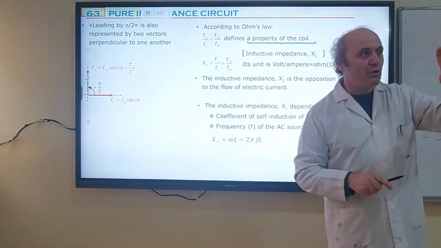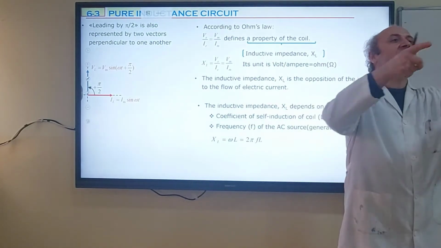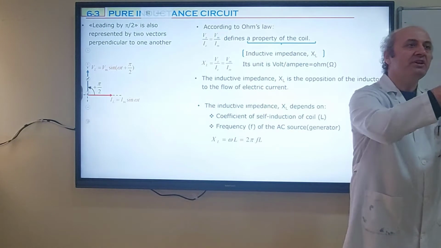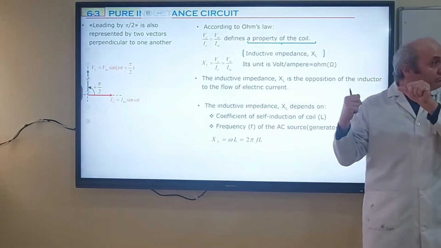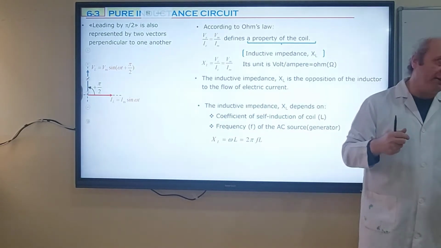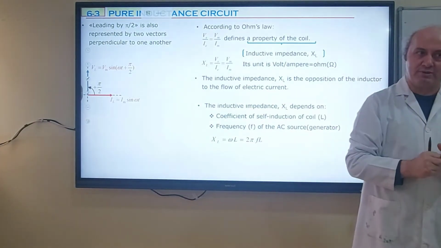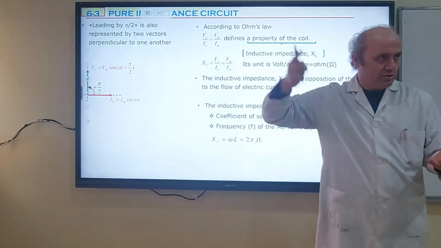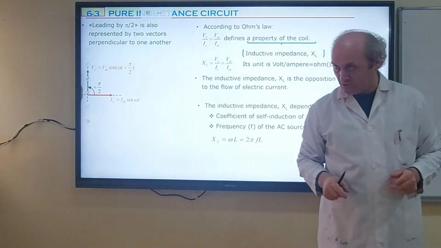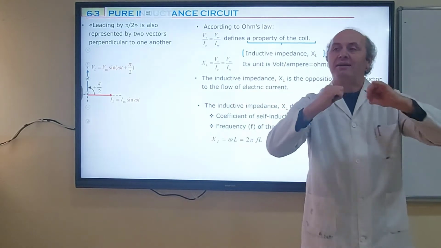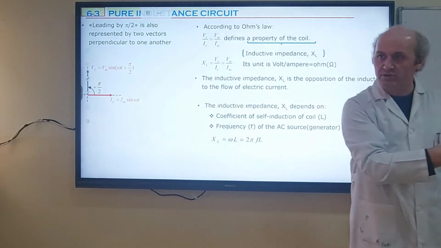Remember that? In a coil, if you make a change in electric current, the coil reacts to this change. Chapter 6, section 1, which is called self-induction. So the coil reacts to the change in electric current, because what does AC mean? Continuously changing electric current. Because the electric current through the coil continuously changes, the coil reacts to this change and produces an opposition to electric current.